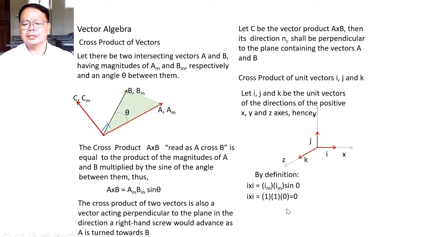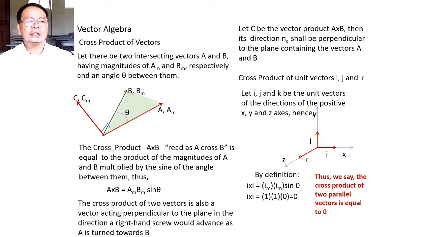And from here, we can make a generalization: the cross product of two parallel vectors is equal to 0. As such, we can also say that j cross j is equal to 0, as well as k cross k, that would be equal to 0 also.